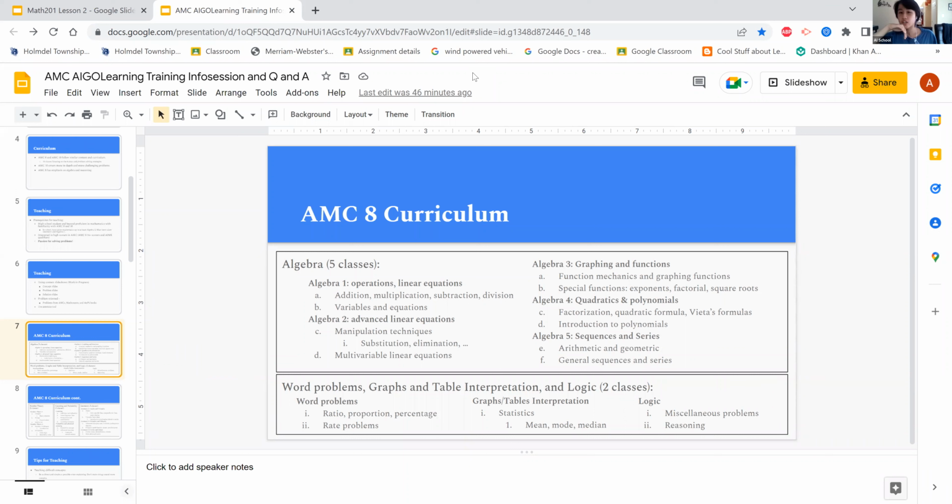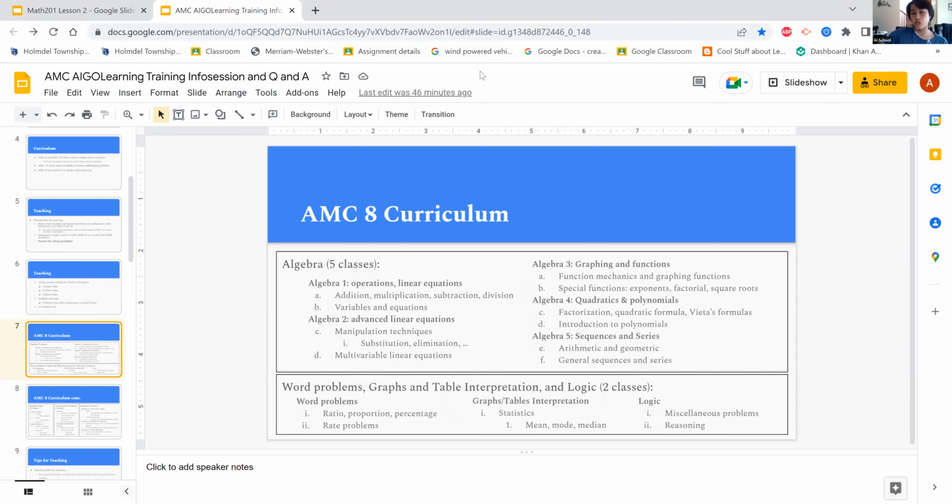And next up, algebra 4 will be quadratics and polynomials. So these are very important for just in general algebra, and especially these contests as well. So we'll be discussing factorization, quadratic formula, and Vieta's formulas, and other strategies and techniques to solve and find out different properties of these quadratics.